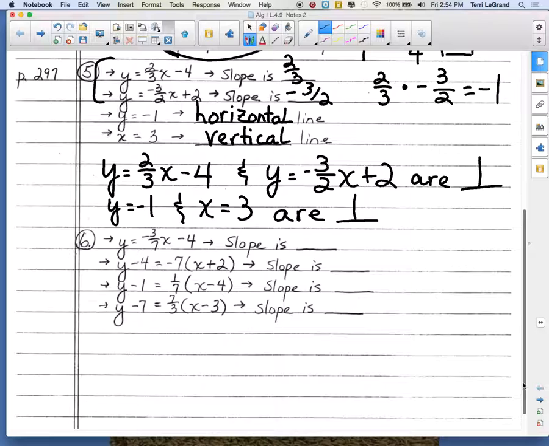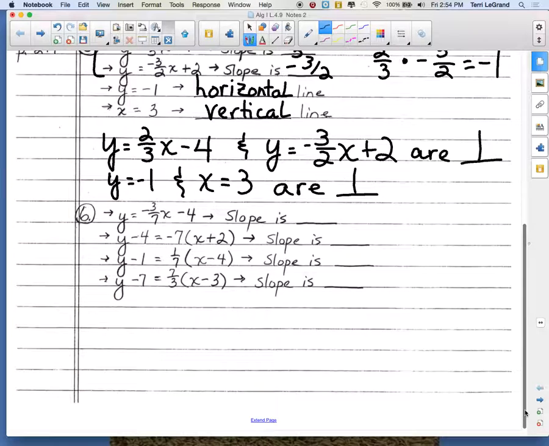Let's look at number 6 then. We have those 4 equations. Do we have to do any work to get them ready to pull out the slope? Any of them? What form is the first one in? Slope-intercept form. How about the next one? The rest of them are actually all in what form?